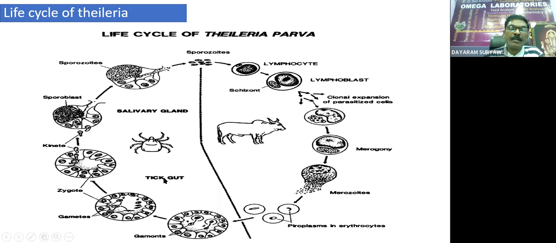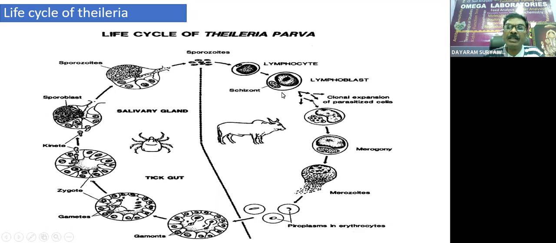From the digestive tract of the ticks, the piroplasm, or sorry, schizonts will enter the mouth parts of the ticks, and from the mouth parts it will enter into the body of the host. So sporozoites will be released in the tissue wherever the ticks get attached to the body. Then the sporozoites will invade the lymphocytes.